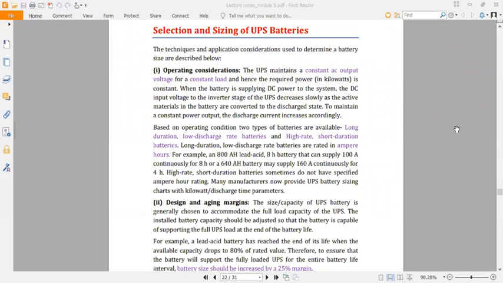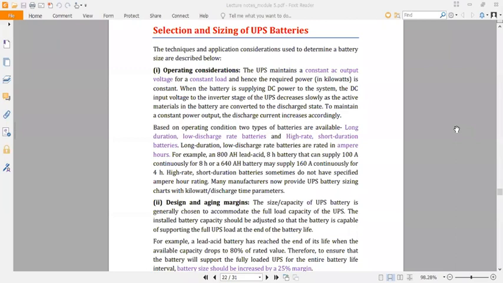So, in the last class, we discussed the UPS, uninterrupted power supply. What is a UPS? What are the different types of UPS that we have already seen? After that, we discussed the different components and sub-components of the UPS.